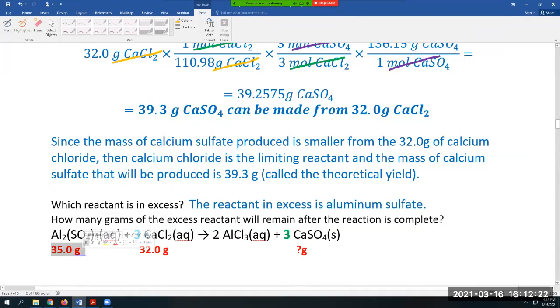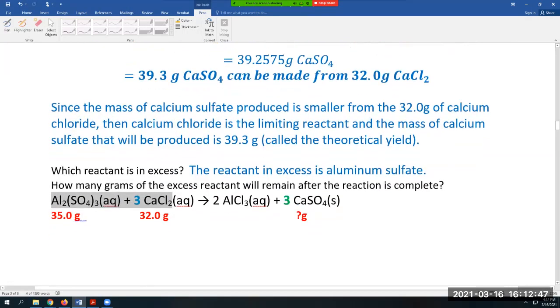So because the calcium chloride is limiting and it will completely react, we will start with this amount, have it completely react and see how much of the aluminum sulfate will be used. We will do a very similar gram to gram stoichiometry calculation, but between these two reactants this time.